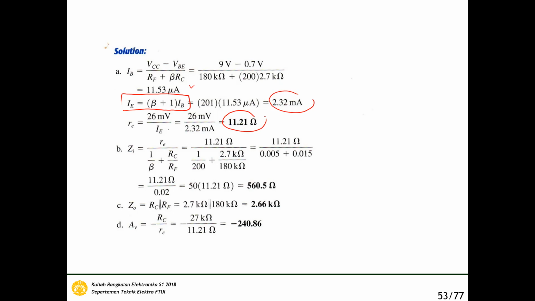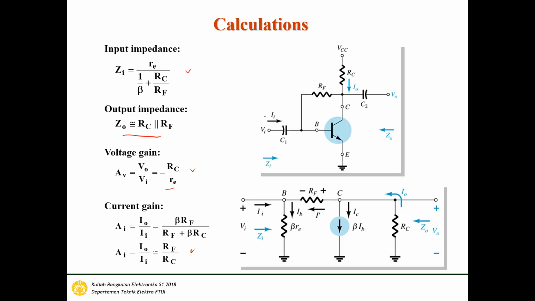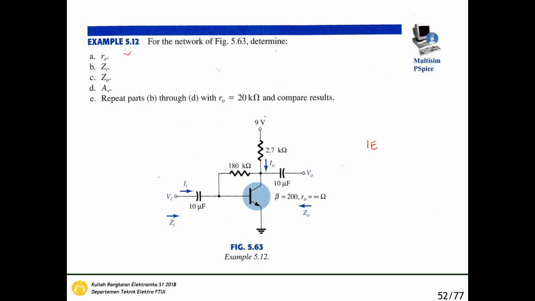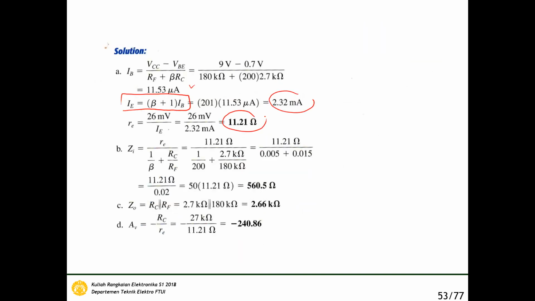So for input impedance using this equation, RE per 1 per beta plus RC per RF, we got ZI is 560.5 ohm, and then ZO is RC parallel to RF. We got that ZO is 2.666 kilo ohm, and AV is minus RC per RE.